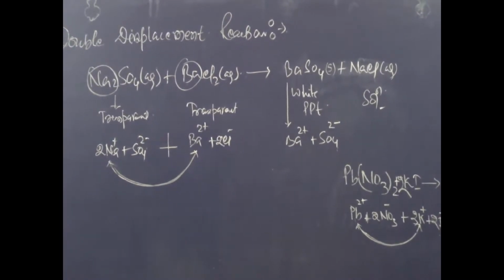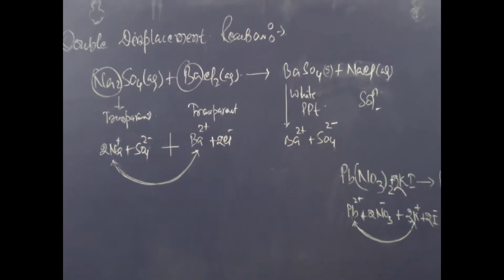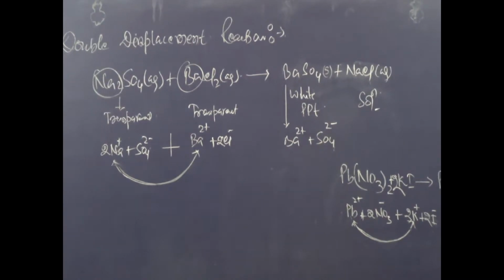We can also take another example, sodium chloride and silver nitrate. If you take sodium chloride and silver nitrate, again a white precipitate is formed.